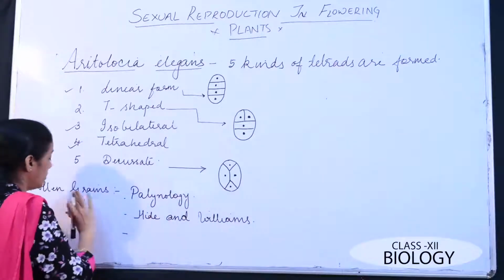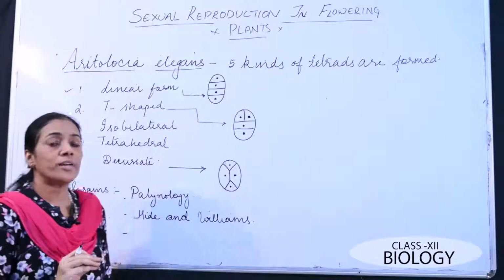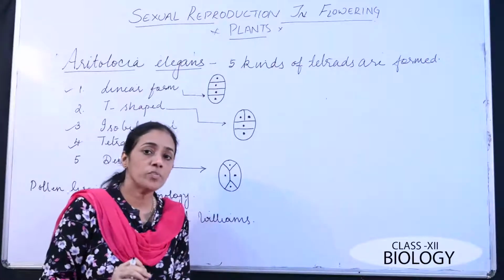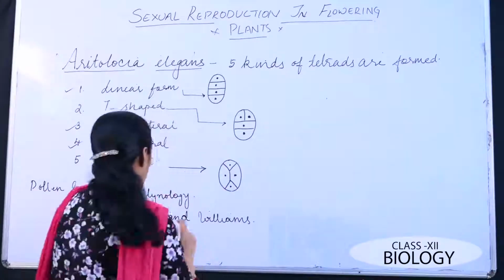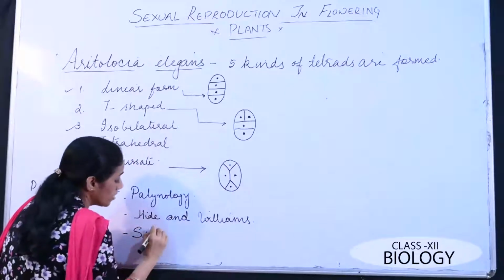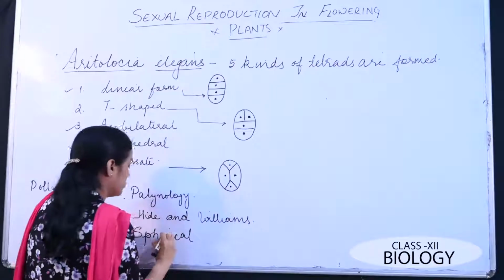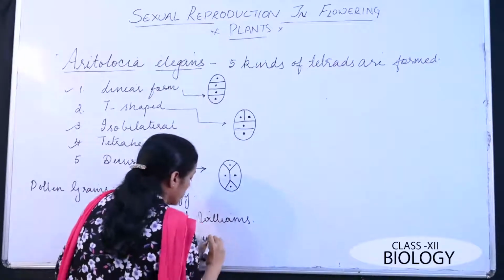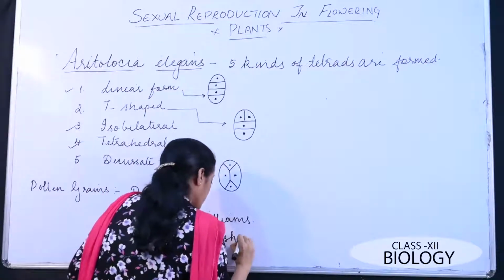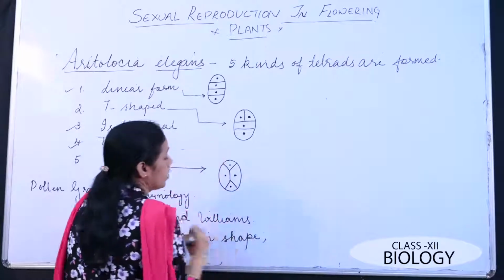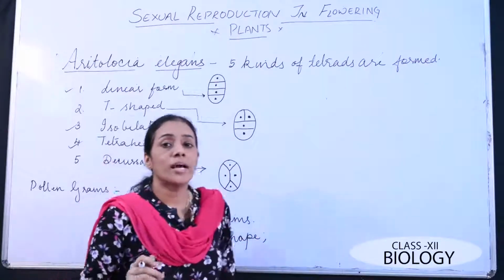What is the shape of the pollen grains in general? The shape of the pollen grains is spherical. So let me write over here, it is spherical in shape. And what is the size in diameter?